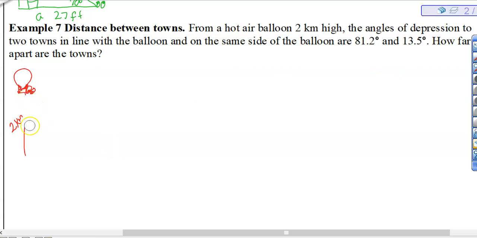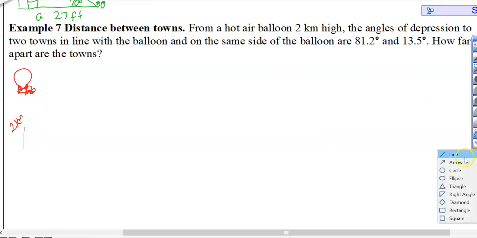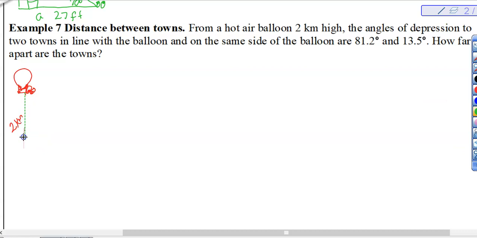Man, I don't like this. I'm going to get a line, and I'm actually going to draw a line because this is driving me bananas with my lines that are not good. Okay, that's better. I'm also not going to do a dotted line. I'm going to do a full line. I'm going to do this one in blue.